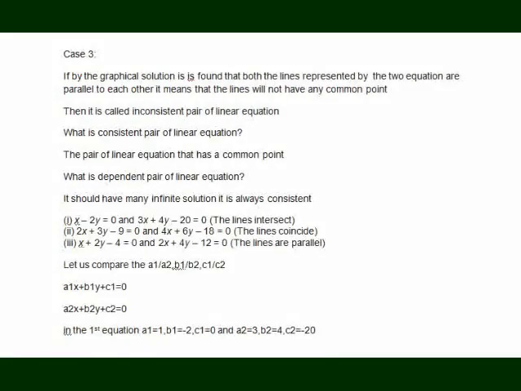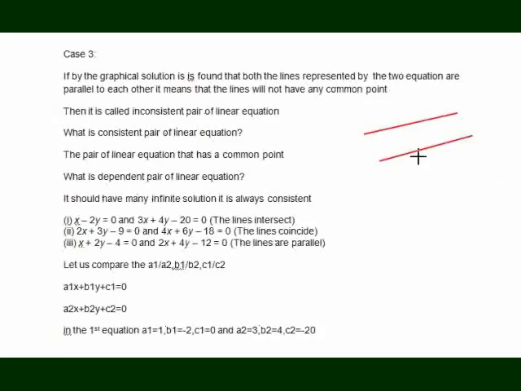In the first case, where the two lines intersect each other at a common point, this linear equation is known as a consistent pair of linear equations. In the second case, if the two lines are parallel to each other, is there any common point?